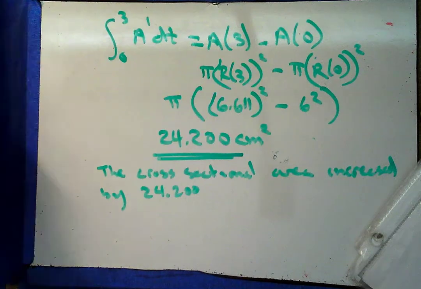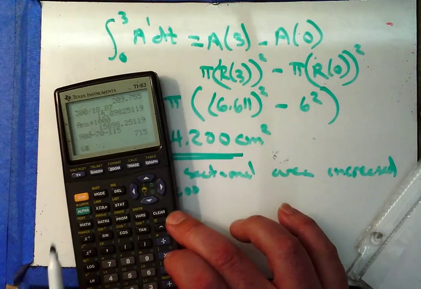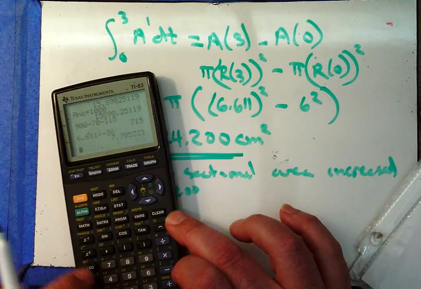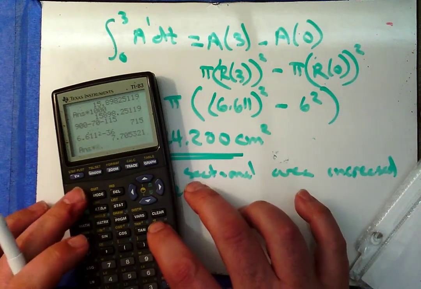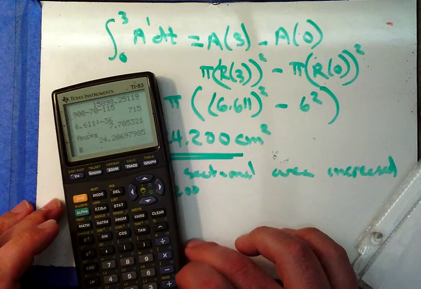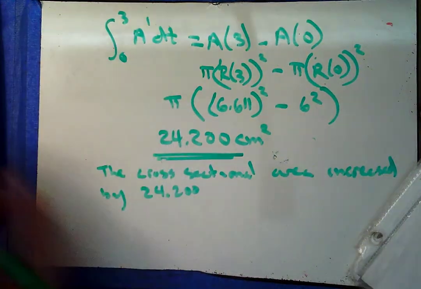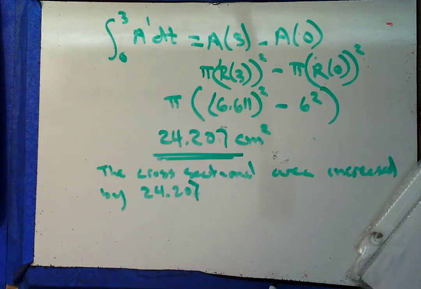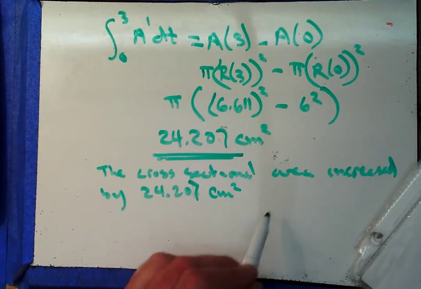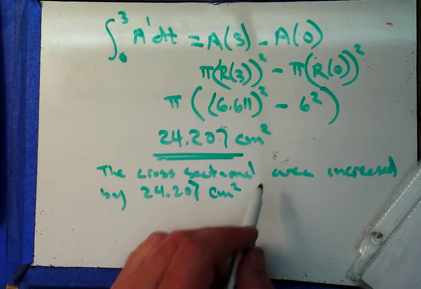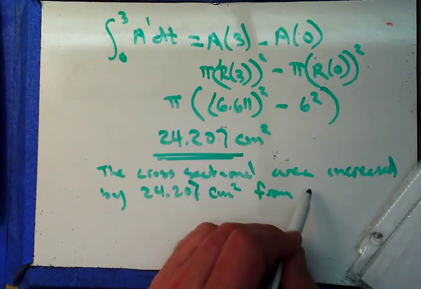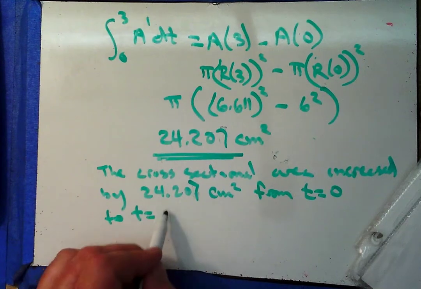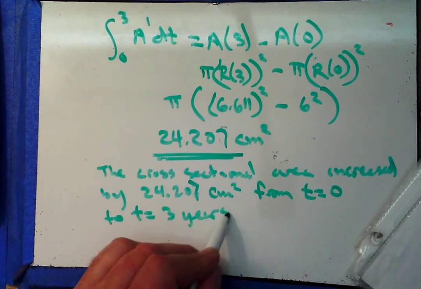I kind of want to check that number. 6.611 squared minus 36 times pi, 24.207. Okay. Centimeters squared from time equal to 0 to time equal to 3 years.